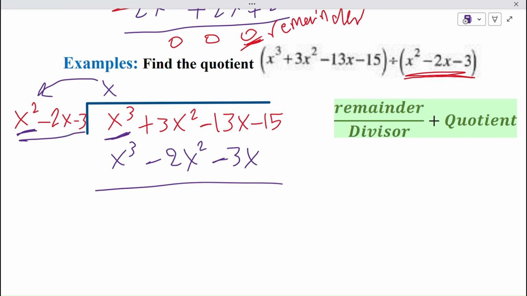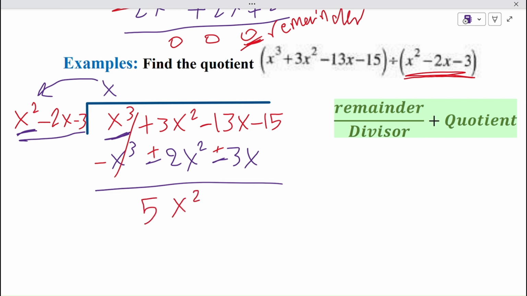Then we have to change the sign. The sign of this one becomes plus, then plus. X to power 3 cancel together, and here we have 3 plus 2 is equal to 5x to power 2.